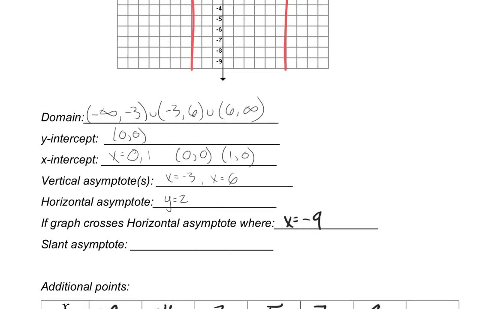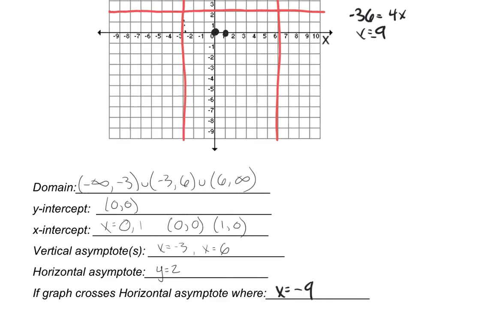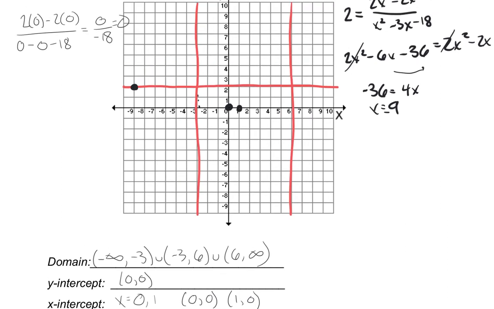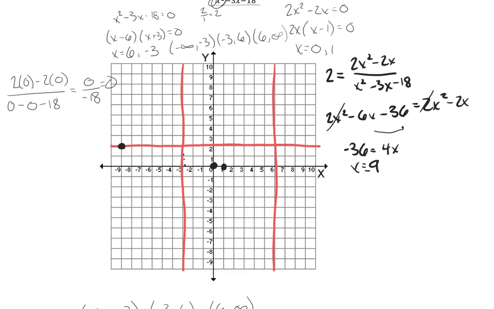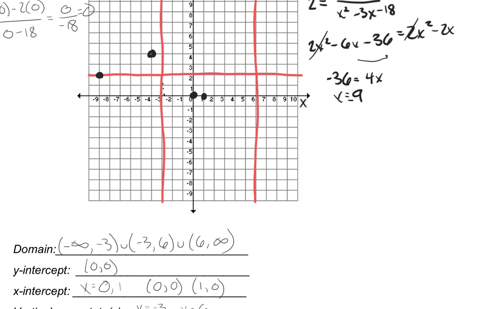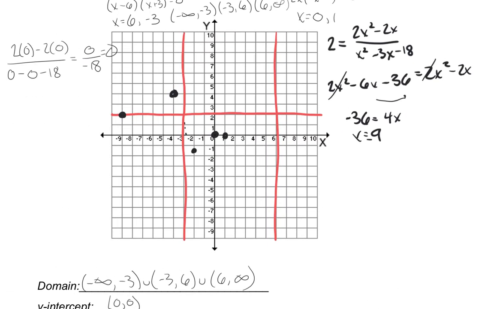All right, so I'm going to start plotting these points. We have negative 4, 4. Negative 2, negative 1.5, so negative 2 is out here. We have negative 5, 5.